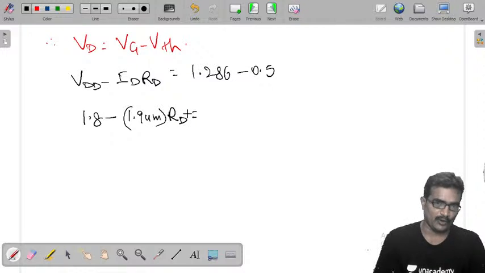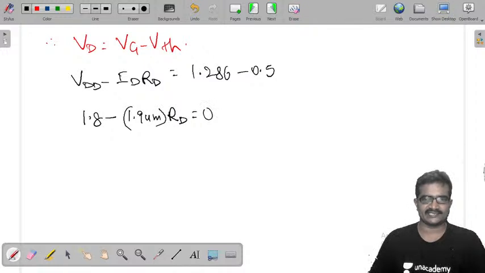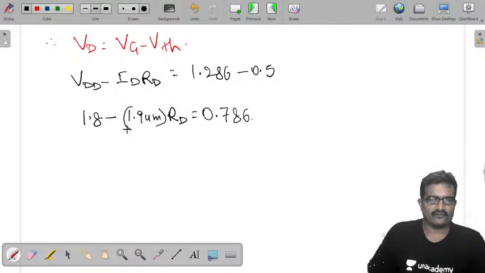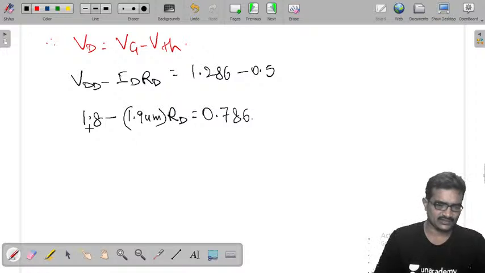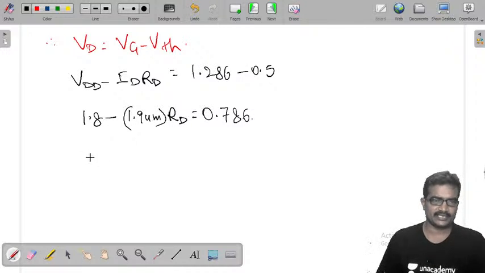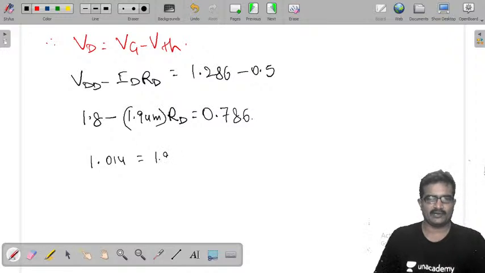So 1.286 minus 0.5 is 0.786. Now take this one to this side, minus 1.8, it is 1.014 equal to 1.94 milli into RD.